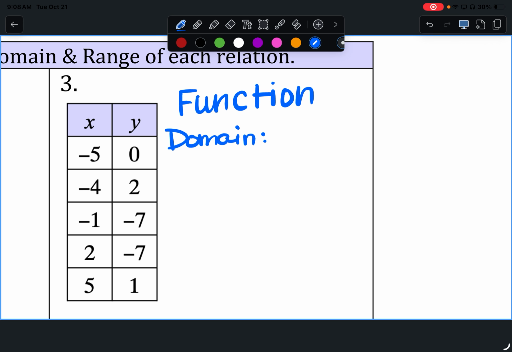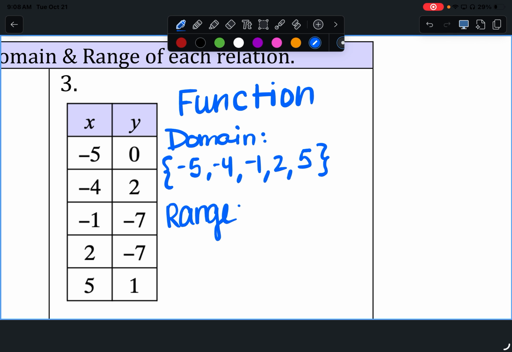So what are our x values? -4, -1, and 5. And then we're going to do our range. Smallest y value, -7, 0, 1, 2.